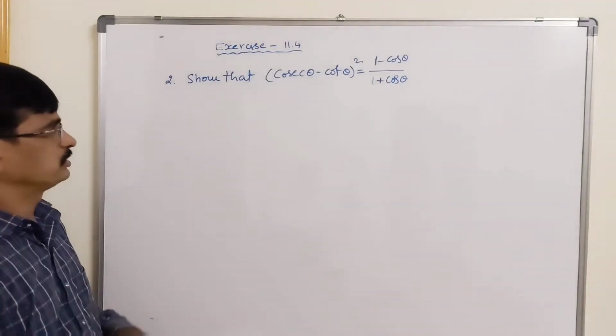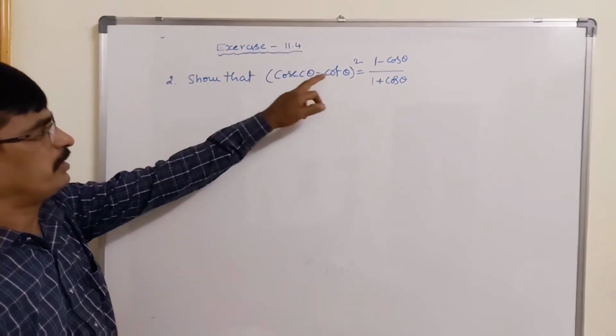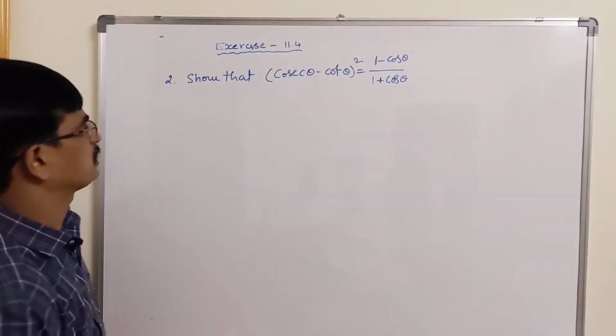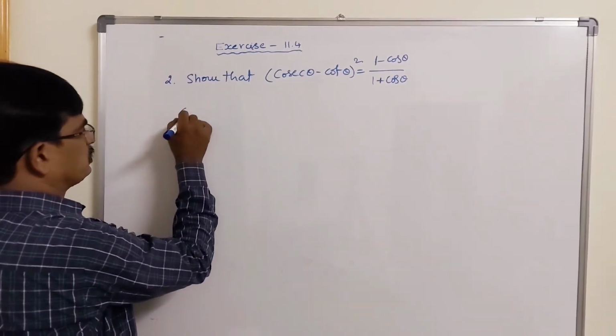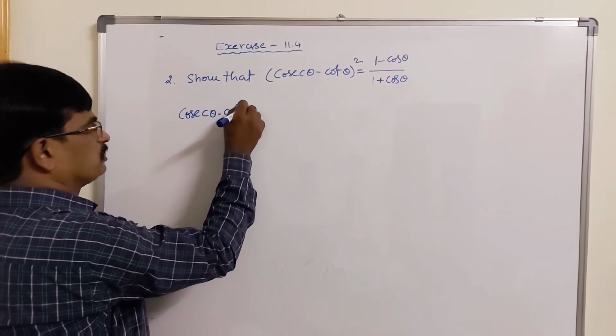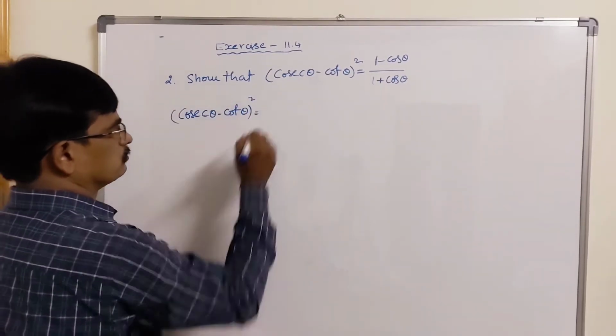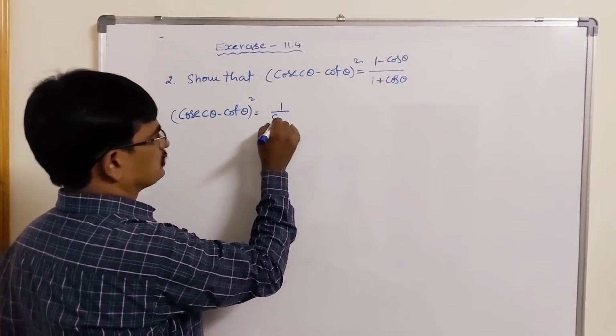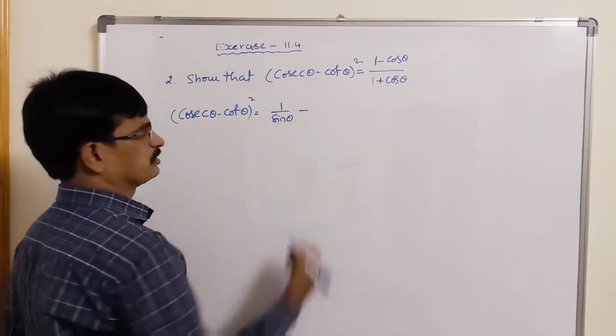Now the second question: show that (cosecant theta minus cot theta) whole square is equal to (1 minus cos theta) by (1 plus cos theta). Now the LHS part: (cosecant theta minus cot theta) whole square. Cosecant theta is the reciprocal of sine, that is 1 by sin theta.